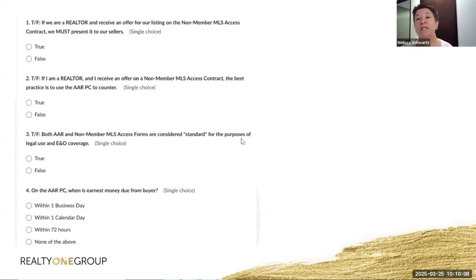Errors and omissions insurance. Does errors and omissions insurance perceive that other contract you have in front of you as a standard contract? The answer is it is absolutely true. It is considered a standard of practice. There is not a problem with your using it. You are still covered on your E&O coverage.